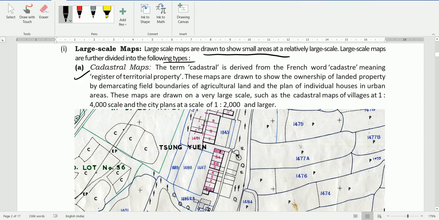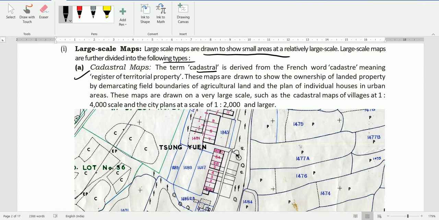The term cadastral is derived from the French word cadastre, meaning register of territorial property. These maps are drawn to show the ownership of landed property by demarcating field boundaries of agricultural land and the plan of individual houses in urban areas.